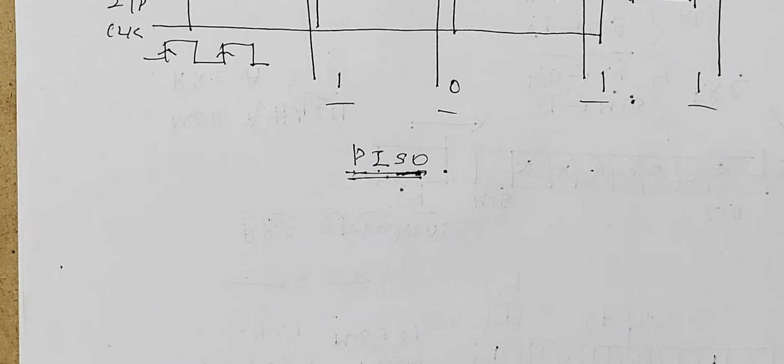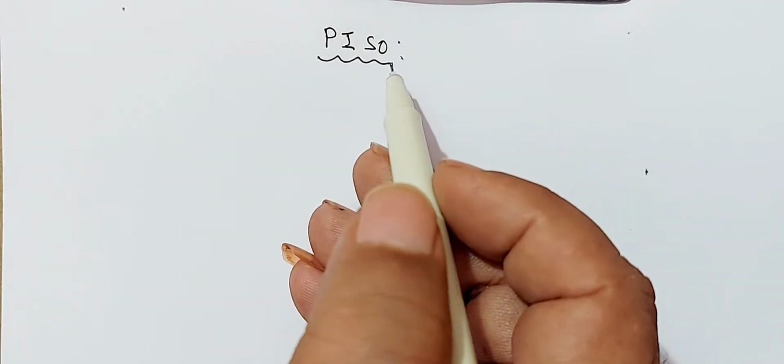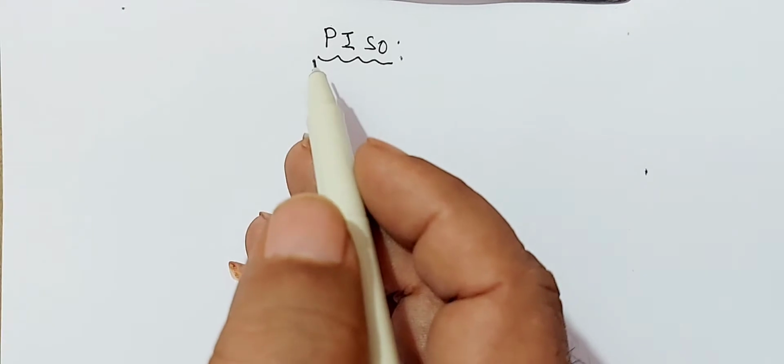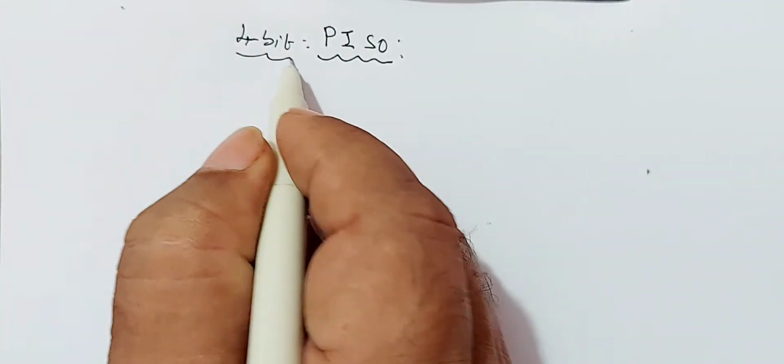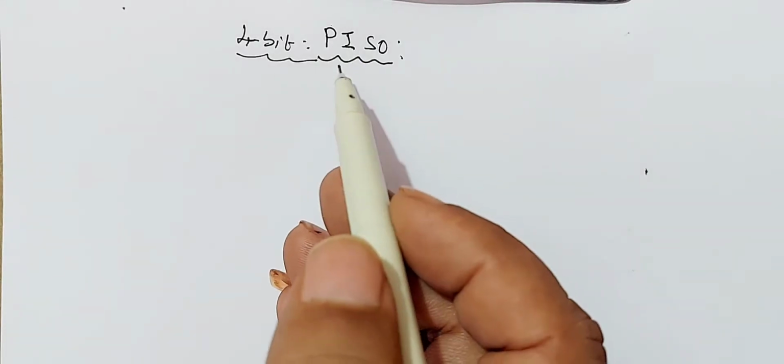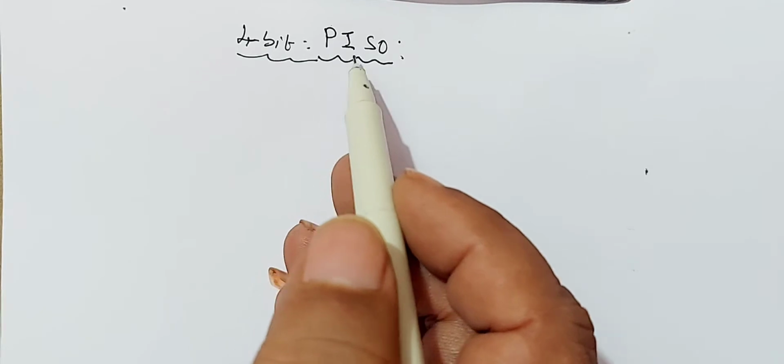Now you will study with a block diagram. You just observe how I will draw the block diagram of parallel in serial out. We are discussing a 4-bit shift register. So we are shifting only 4 bits, but the shift register is parallel in serial out.